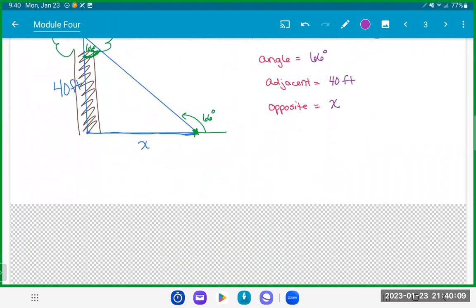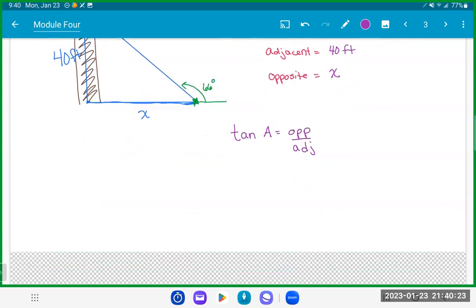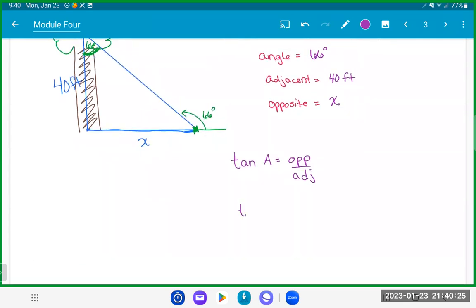Okay, so I could put this all into an equation. I know that the tangent of A is equal to the opposite over the adjacent. I do know that my angle A is 66 degrees. I know my opposite is x and my adjacent is 40 feet.